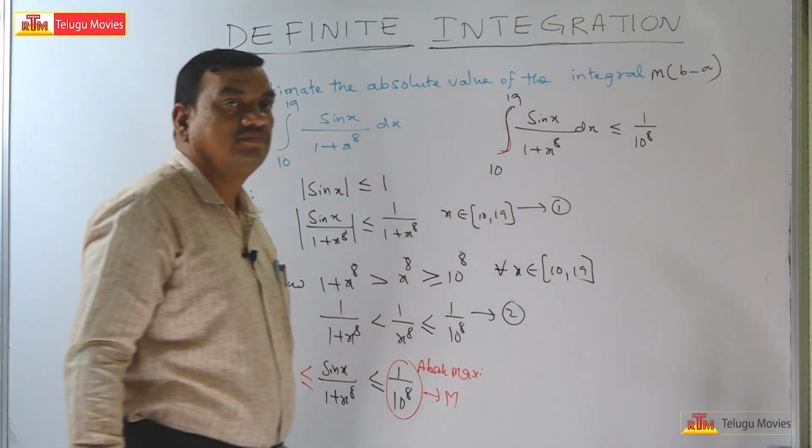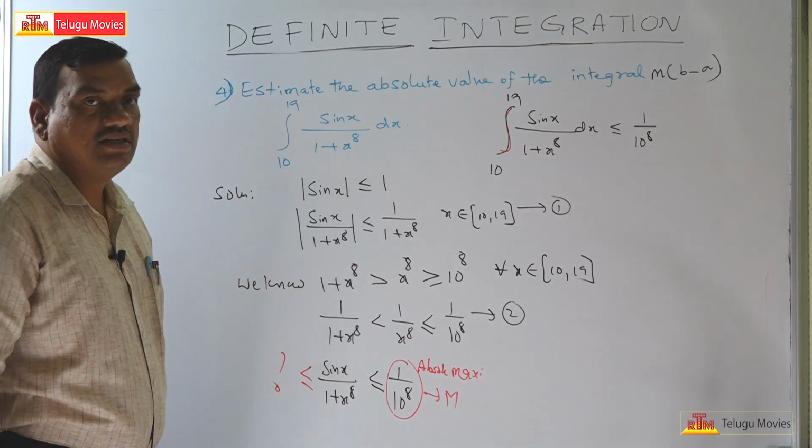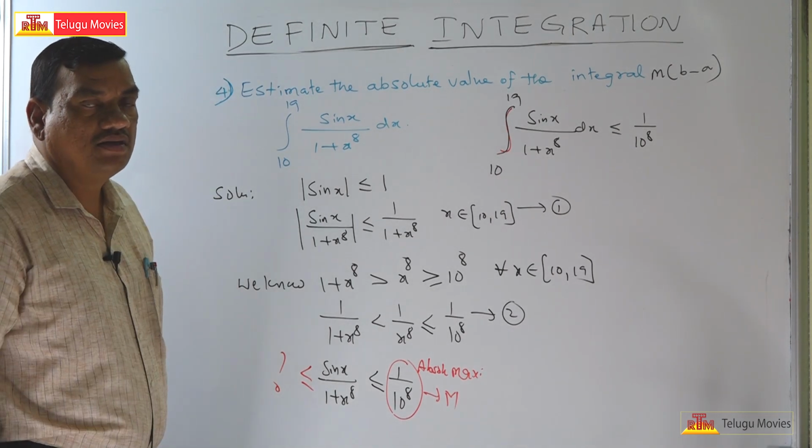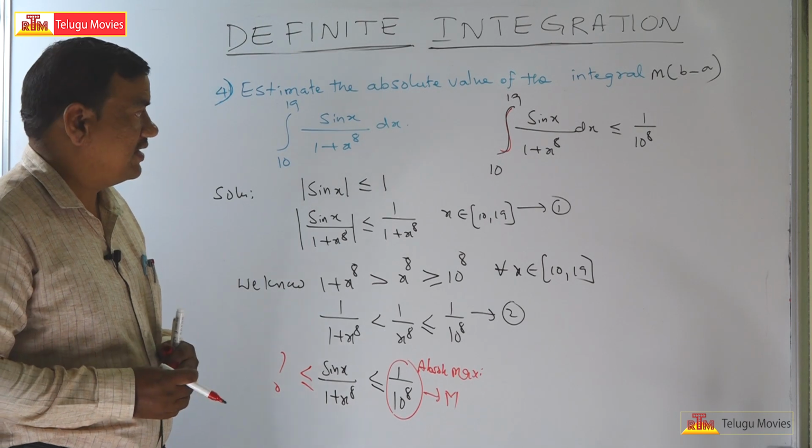Remember, this is the big rectangle, the absolute value, 1 by 10 power 8, that is capital M, into b minus a. Capital M into b minus a we have to write down. So remember the result which I taught yesterday.